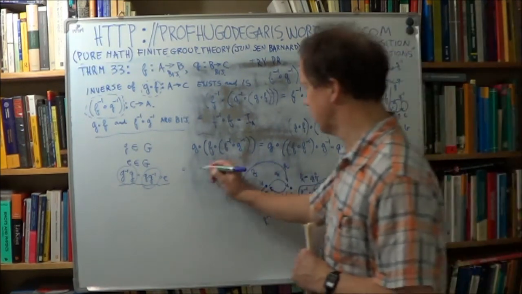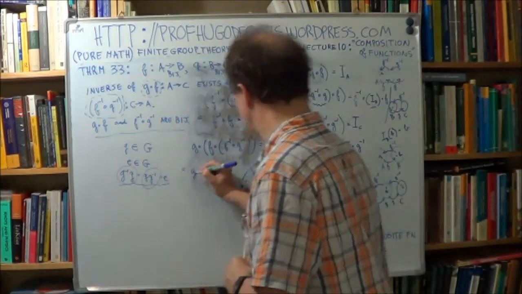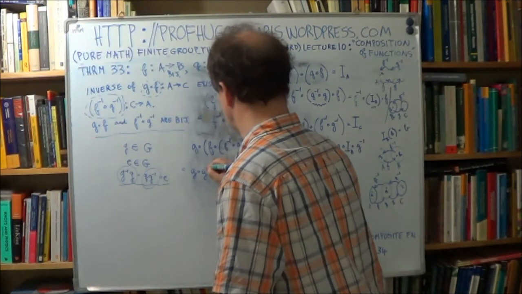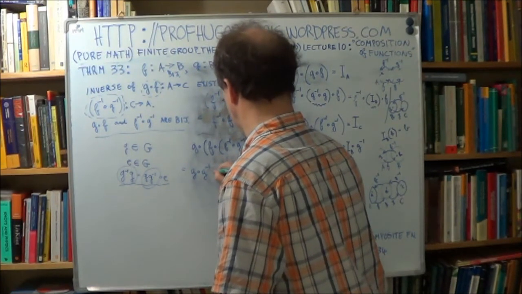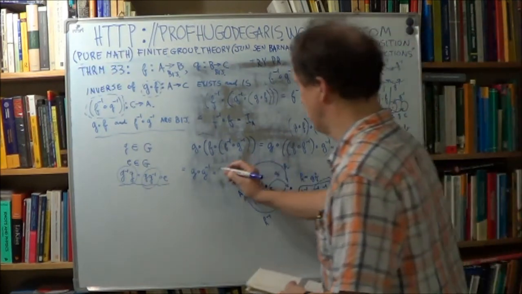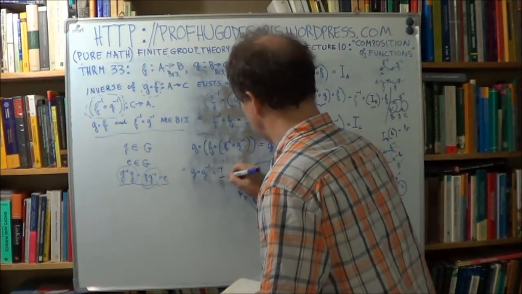So you will get g g inverse, and that is equal to I_C.